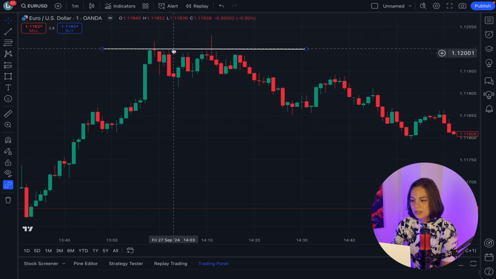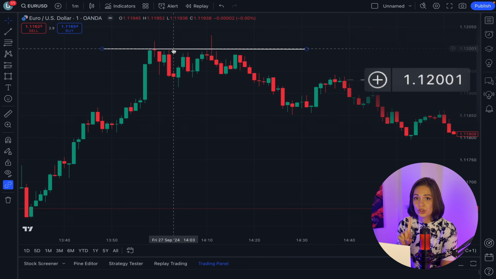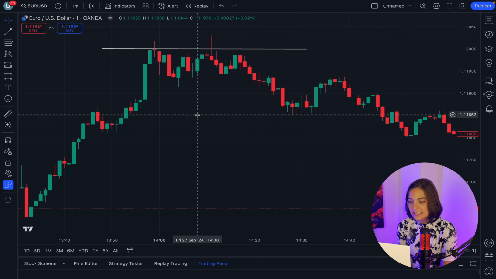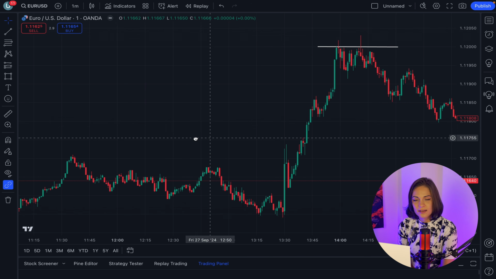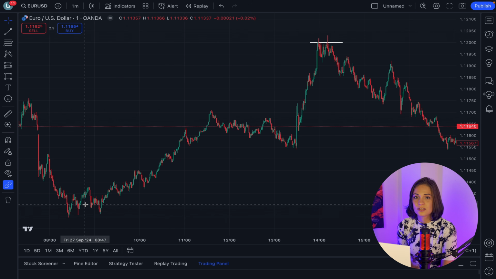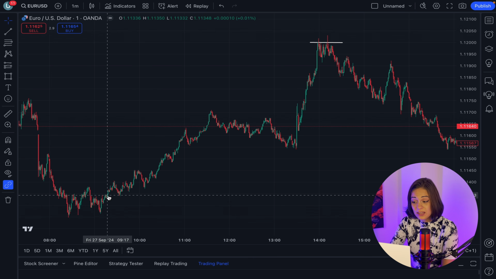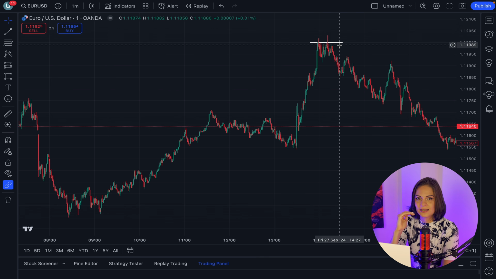The price was exactly $1.12 per 1 euro, which means that when we see such psychological key levels, that means that a lot of traders, institutional traders, banks, were coming in at lower points, and they thought that enough profit for them is going to be at this exact level.